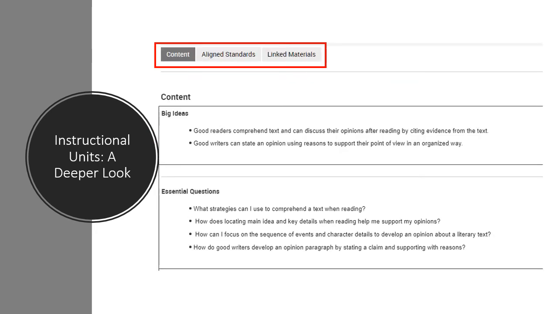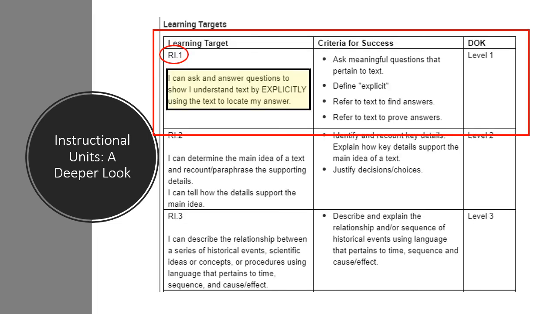Below the description, users will see these tabs for content, aligned standards, and linked materials. Within the content area are big ideas, essential questions, and learning targets. Continuing in the content area of the instructional unit, let's look at the learning targets.